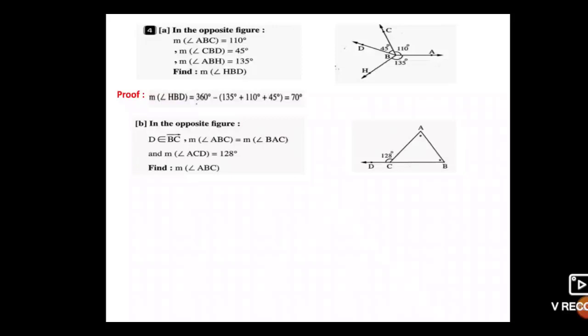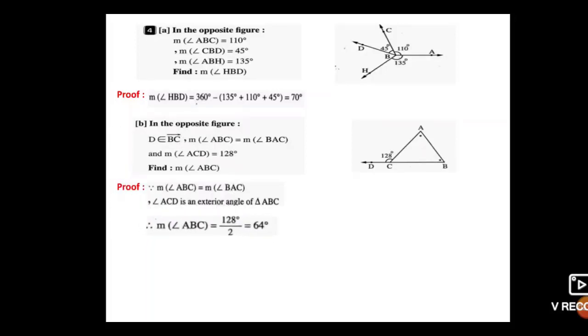It means measure angle ACD equals measure angle A plus measure angle B. But measure angle A equals measure angle B. It means you divide 128 by 2 to find measure angle A or B. So the required measure angle ABC equals 128 over 2 equals 64. The next question.